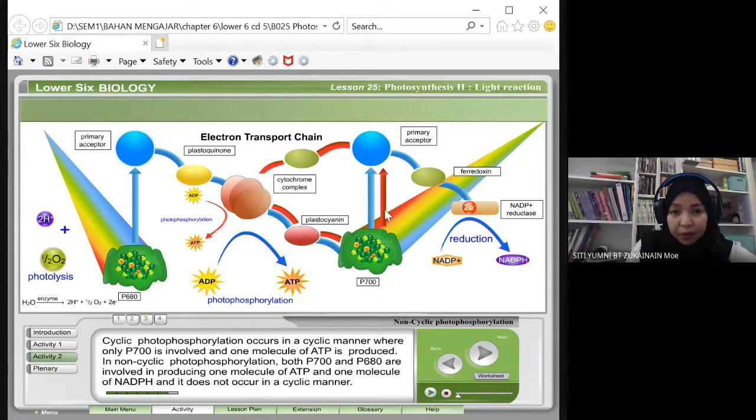The red arrow: when the photon strikes photosystem 1, the excited electrons are accepted by the primary acceptor and transferred to the electron carrier ferredoxin until they reach the cytochrome complex. At the cytochrome complex, they travel down to photosystem 1 again. So the energy released is trapped in the form of ATP via photophosphorylation.